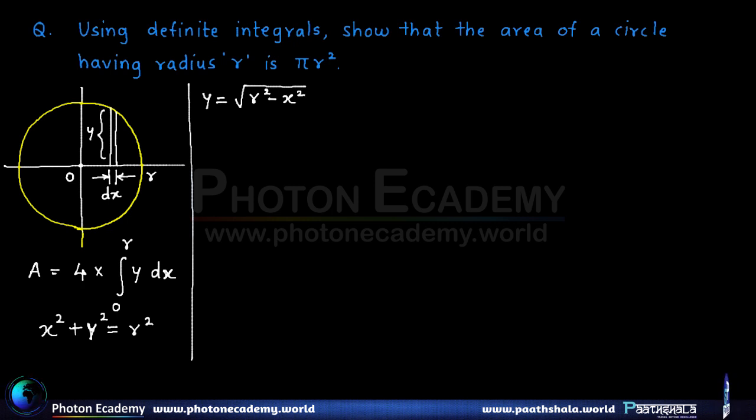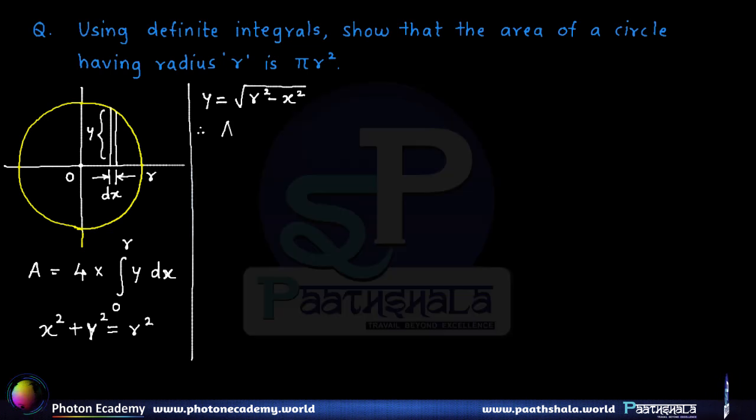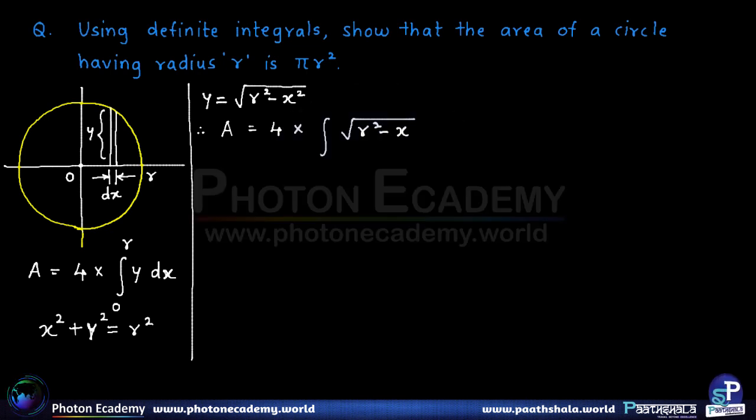So our area turns out to be 4 into the integral of root of r square minus x square dx, integrated between the limits 0 to r.